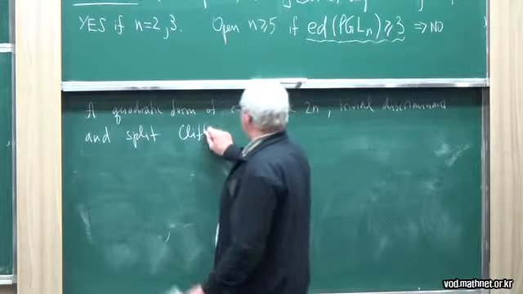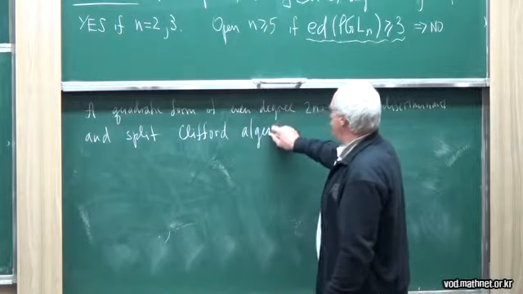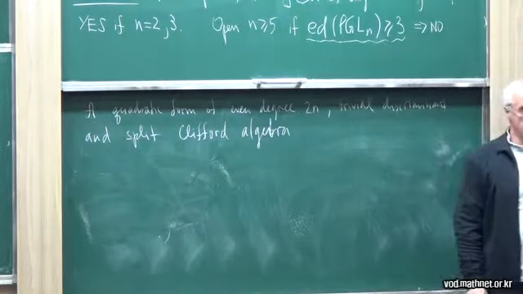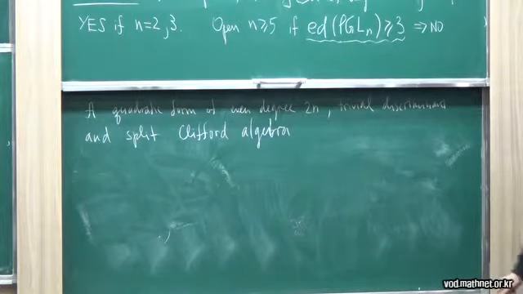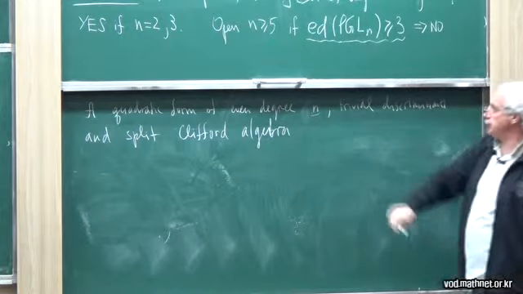Well, I have no time to explain what it is. I just want to show what the calculation of the essential dimension gives us. Essential dimension depends on the degree. Now, let me write n, but n is even.